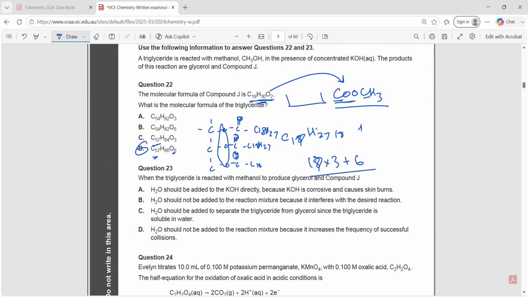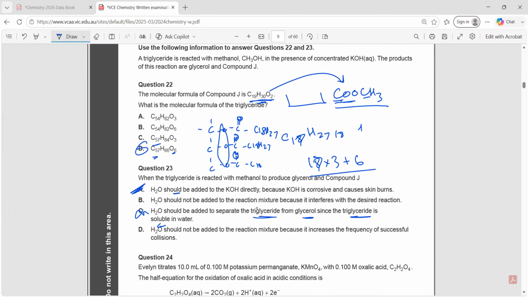H2O should be added to KH directly. H2O should be added to separate the triglyceride from glycerol, since the triglycerides are not soluble in water. It's like what fatty acids are all about. H2O should be added to KH directly because KH is corrosive and causes skin burns. I don't think that's a consideration.